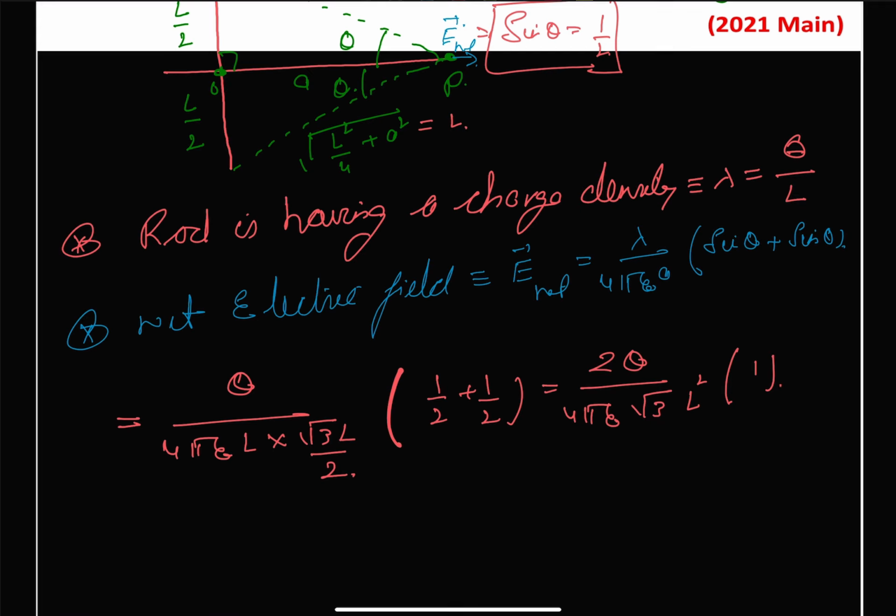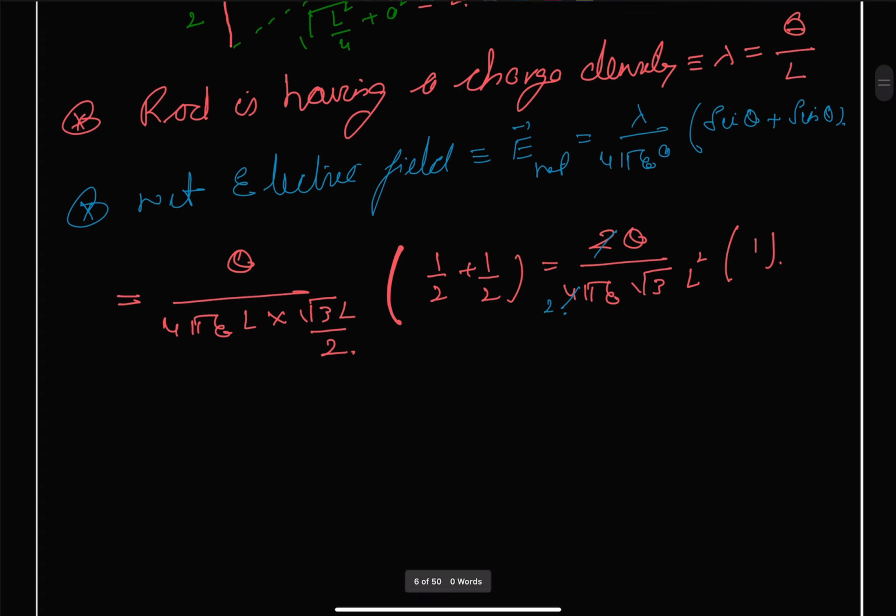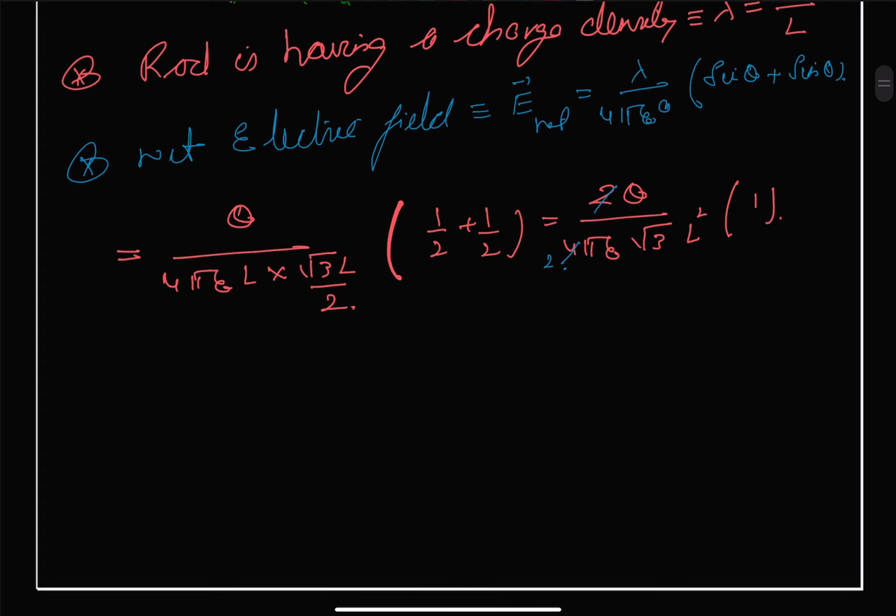So the 4 cancels with 2, therefore our net electric field E net will be equal to Q upon 2 root 3 pi epsilon naught L square.